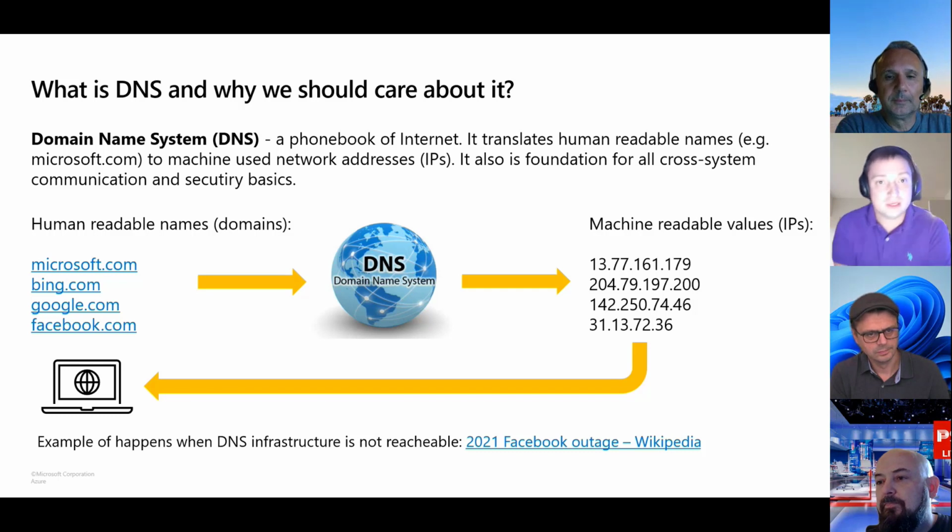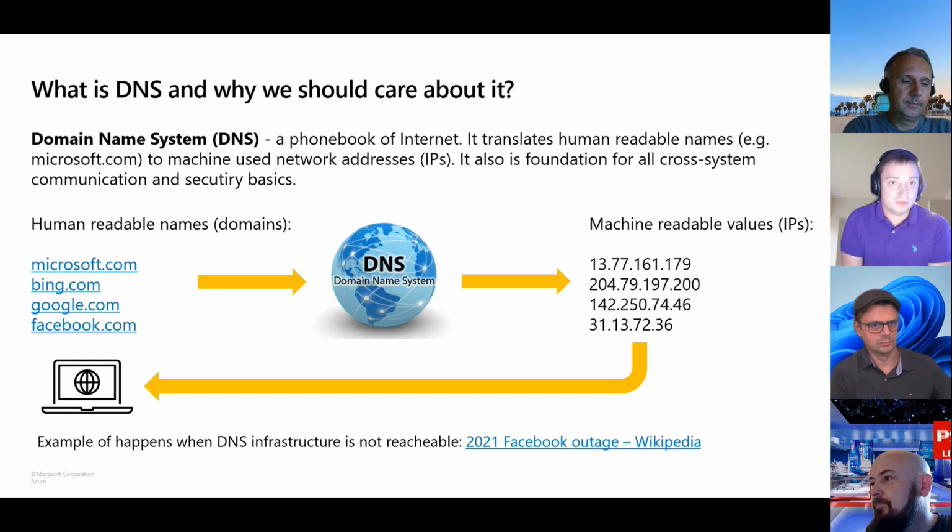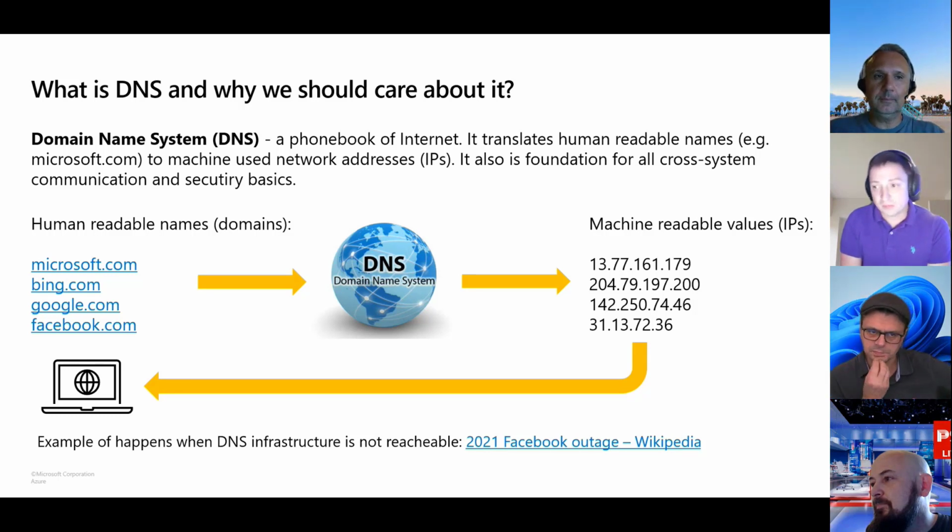When we are speaking about the scale of the internet, it's just massive. How many DNS requests flow every single minute around the globe? That is millions and billions. This sets the importance of DNS not only for the internet but for any cross-system communication.